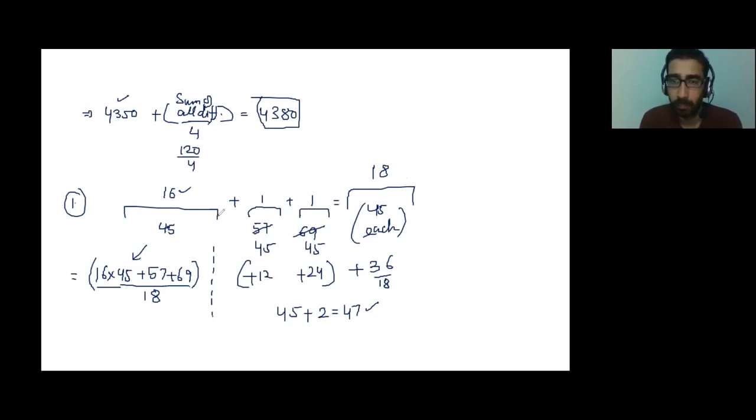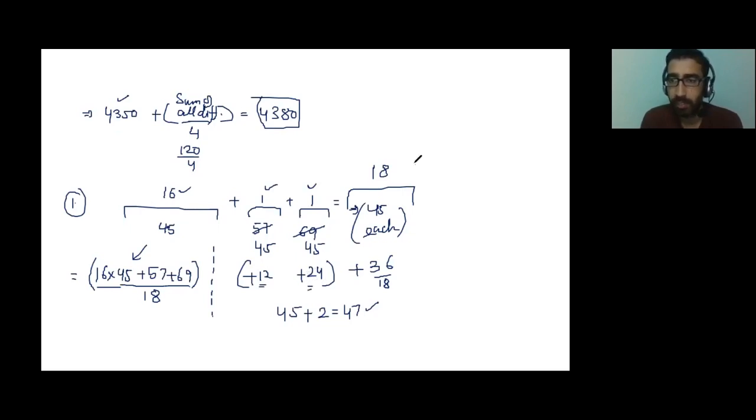And let me quickly repeat this. What you can do always is, if you have a group and say you have 2 individuals here, get the whole batch, the whole new group at the same level. We made them 45 each by asking the other 2, this person and this person here, to give away 12 and 24 chocolates respectively.